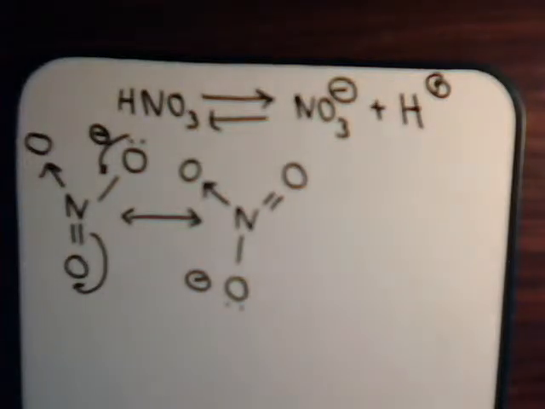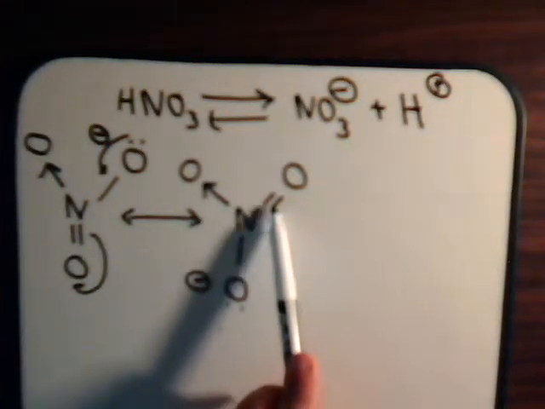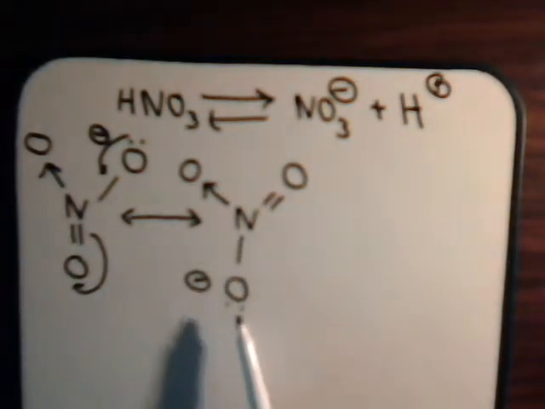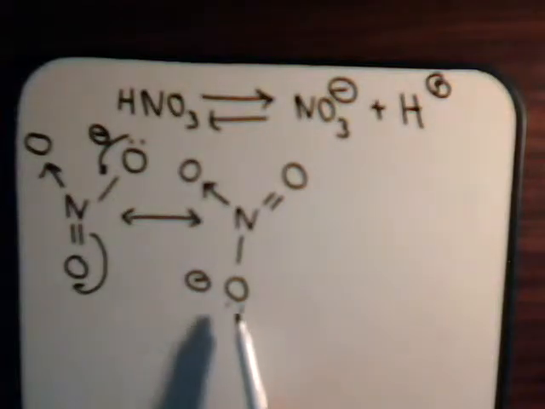Now, as you saw in the previous video, let's look at this. Here, what we can do is we have oxygen with a double bond here, the single bond to this negatively charged oxygen that now has a lone pair of pi electrons.